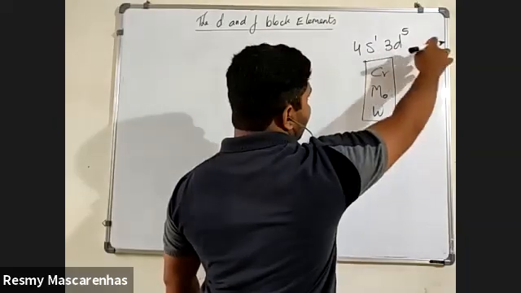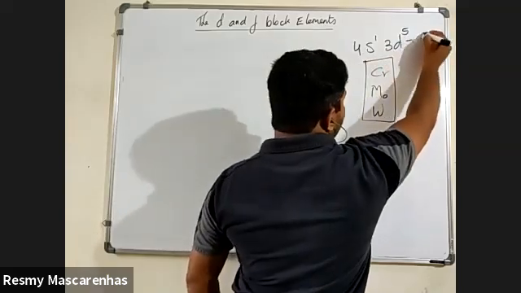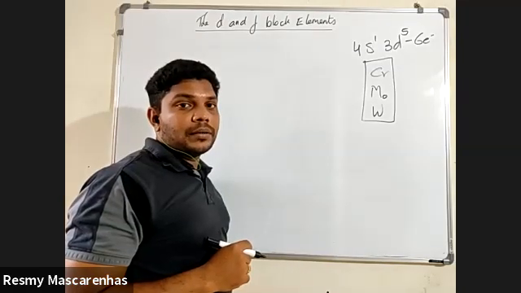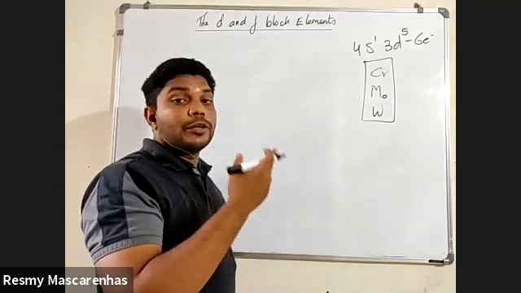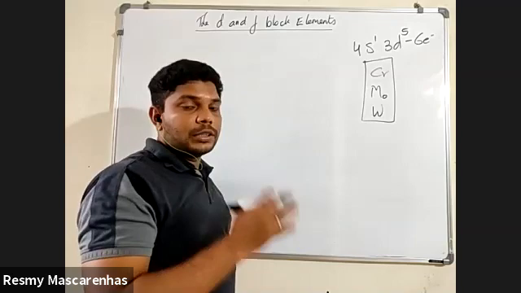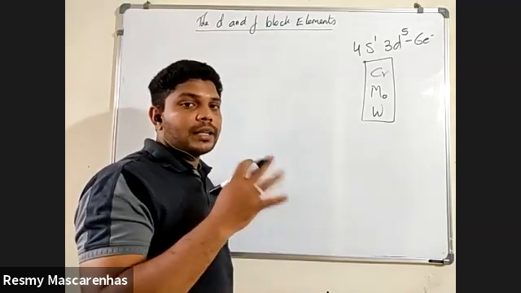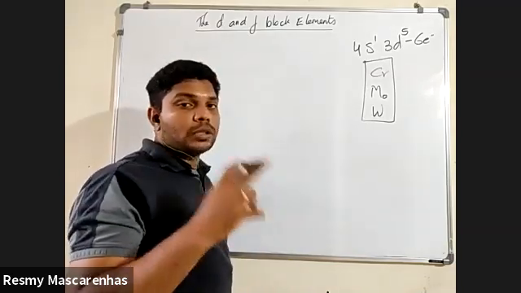Now if you see here, how many unpaired electrons are there in this case? 6. And in manganese, how many? 5. For manganese we just saw the d orbitals. Here we are going to see all the orbitals. So whenever we consider all the orbitals, chromium shows the most unpaired electrons.